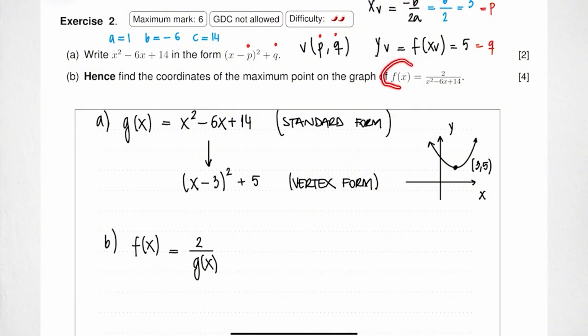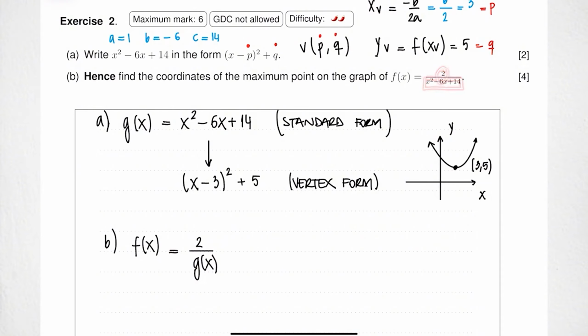Now, if we're talking about a function which is 2 over this same quadratic, x squared minus 6x plus 14, what gives us the maximum result for this is whatever gives us the minimum result for this. And why is that? If you picture this as a gigantic number, 2 over a big number is going to be small.